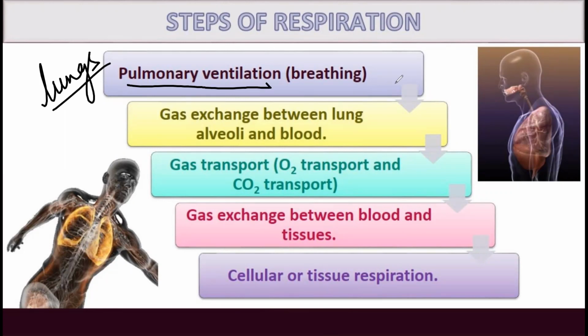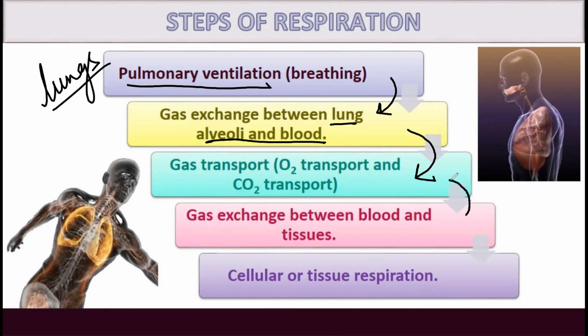Then that air reaches the lung alveoli, where the exchange of gases takes place between the lung alveoli and the blood. Carbon dioxide moves out through diffusion to the alveoli and oxygen is added into the blood.